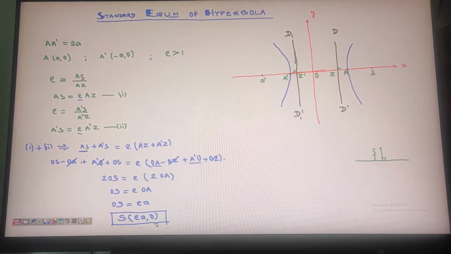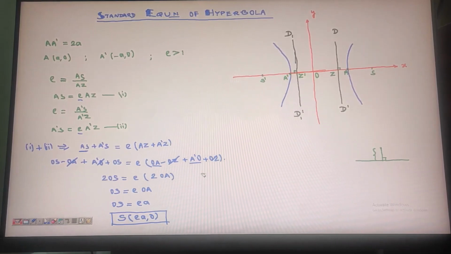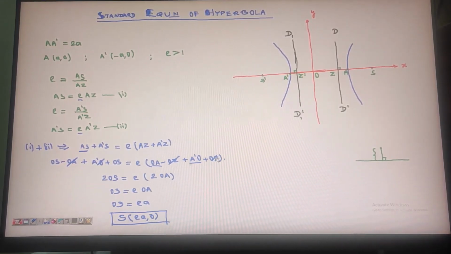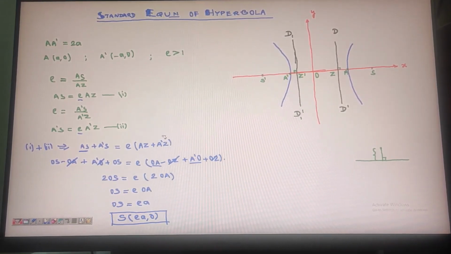Now next, we will find the coordinate of OZ. For OZ, how can I find it? I'll subtract 2 from 1.